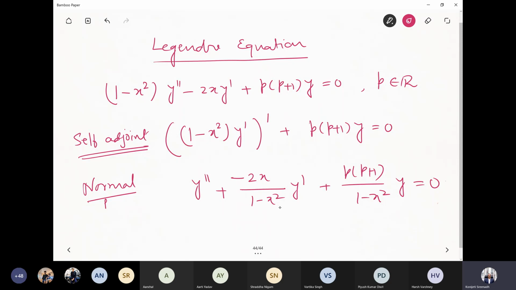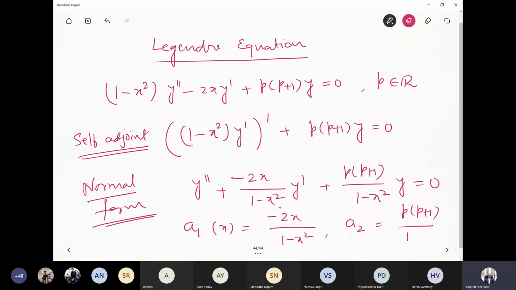So this is the normal form. In the normal form, you have the coefficients: a1(x) is from our earlier theorem that we proved, and a2(x) is going to be p(p plus 1) upon 1 minus x squared.